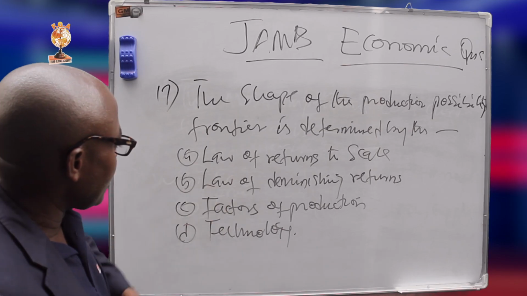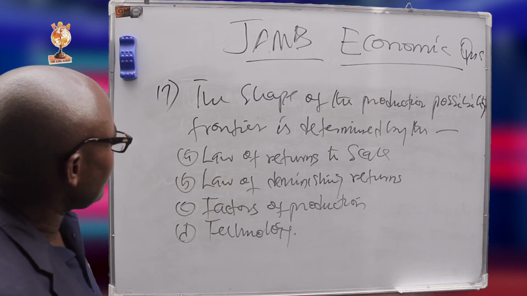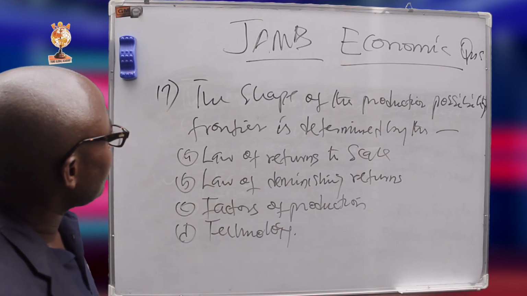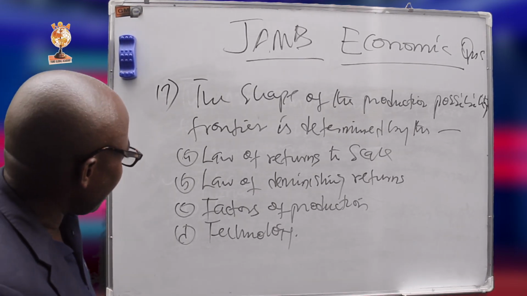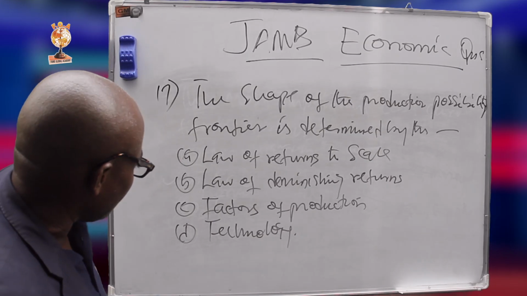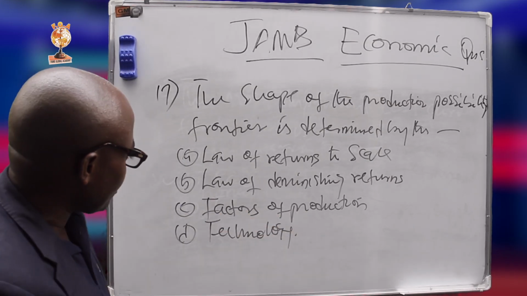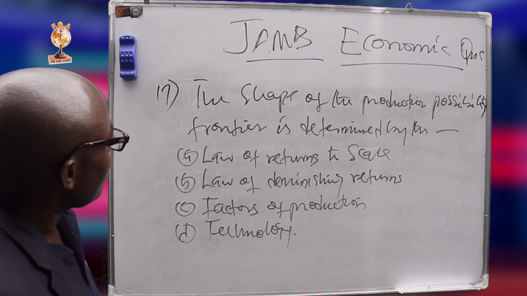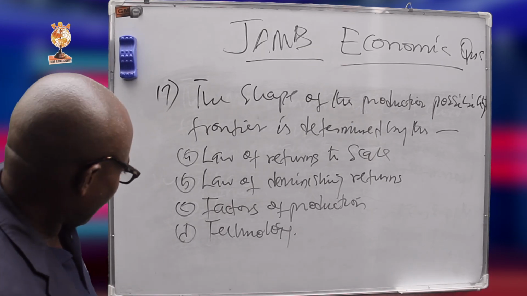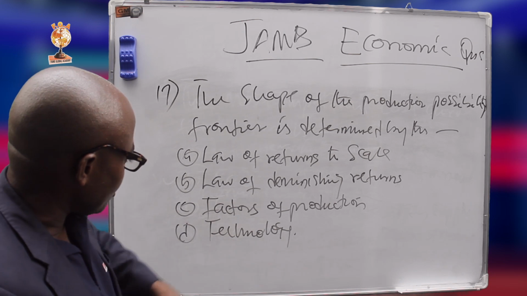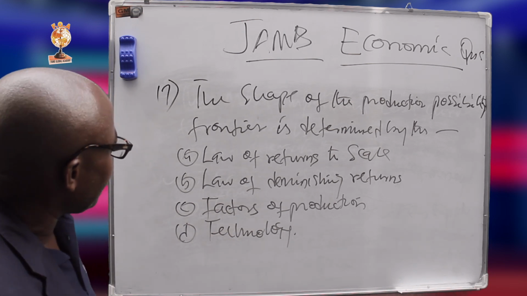Then B here, law of diminishing return. The production possibility frontier is determined here by the law of diminishing return. Factors of production does not fit in here because of the possibility frontier. Then technology is as well not equally involved.